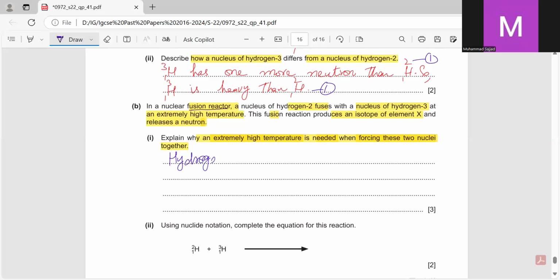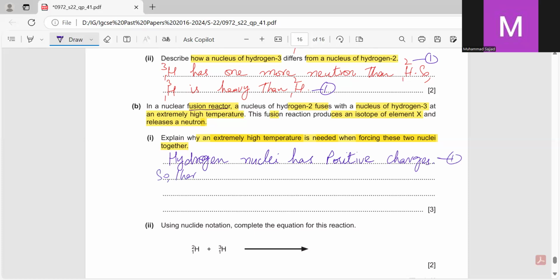Hydrogen nuclei have positive charges. This is the first mark.